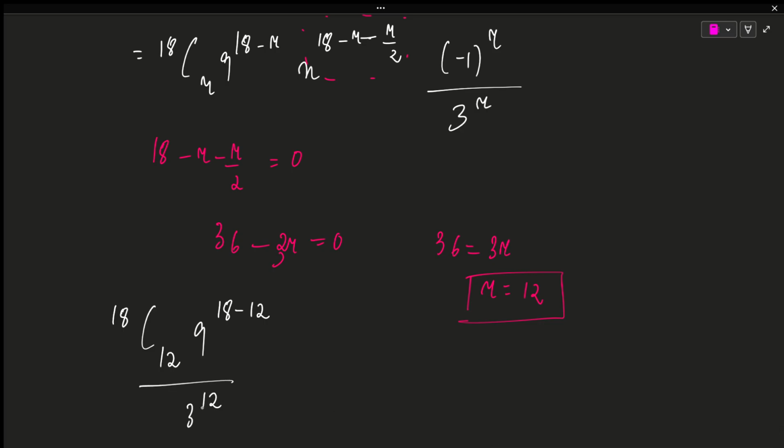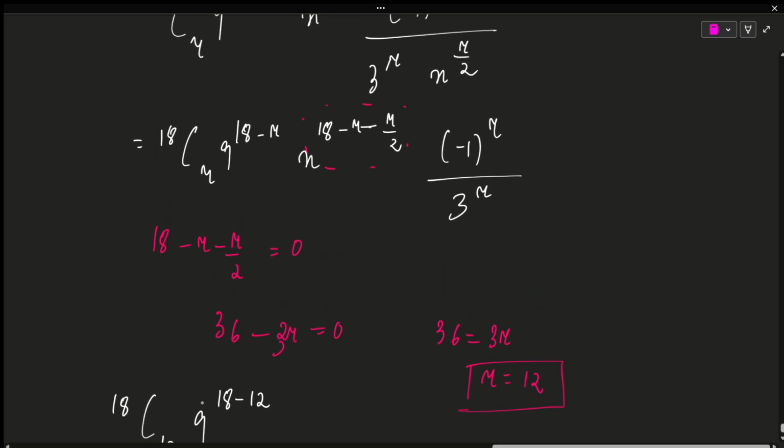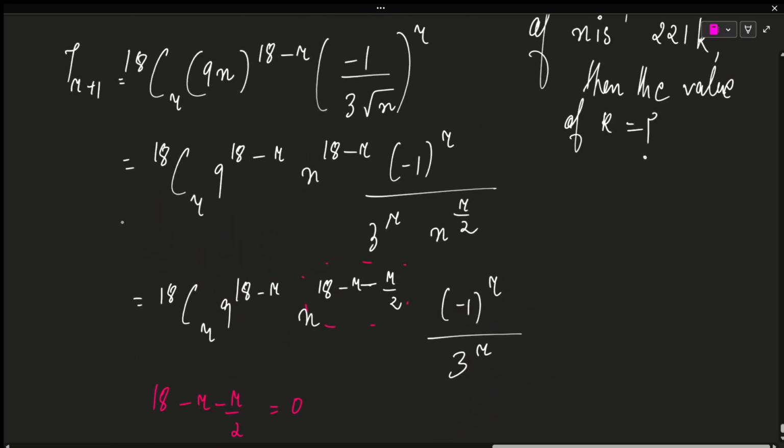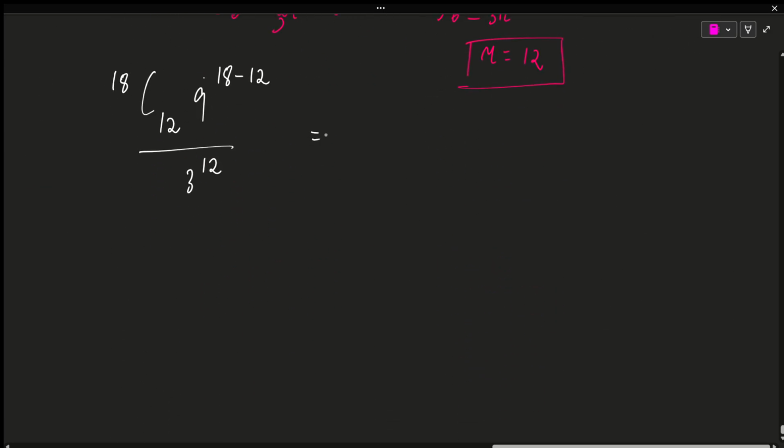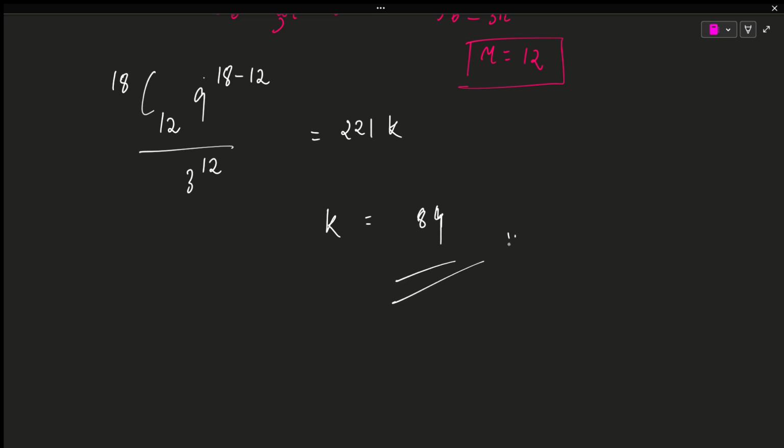Now the coefficient is given to you as 221 into k. Now if you just solve this, you are gonna get your k as 84.